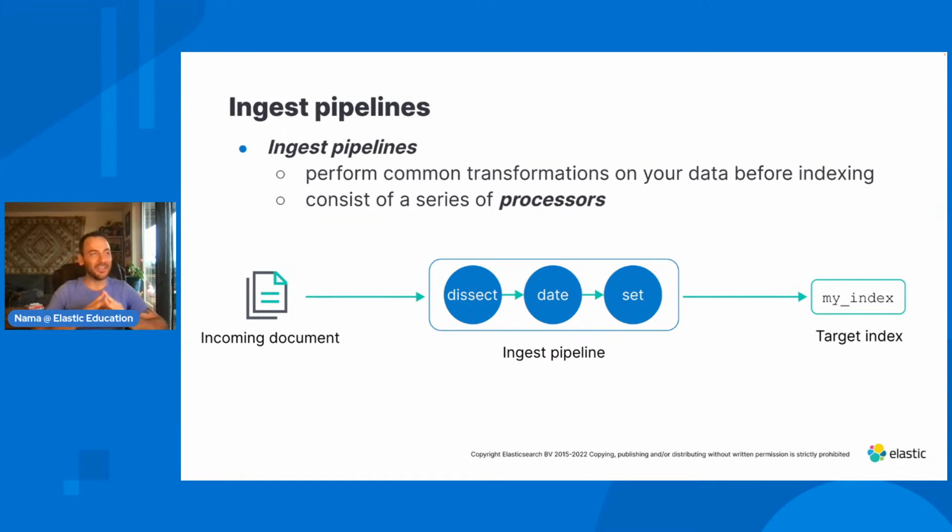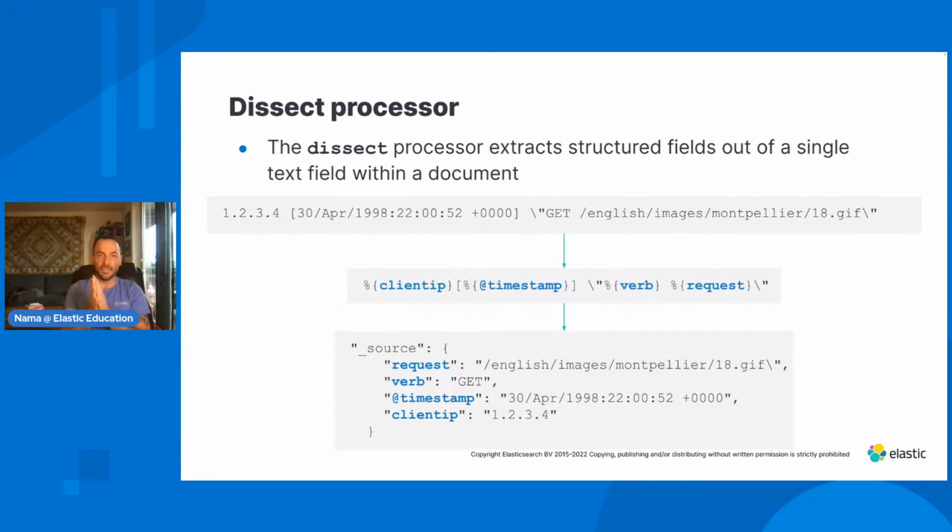Love the verbiage on this. These processors can essentially clean up the document that we are collecting from our specific source, and get it into a nice clean form that we can use within Elasticsearch. Here's an example of a dissect processor. We're pulling a long string from the source, and it has a bunch of information in it.